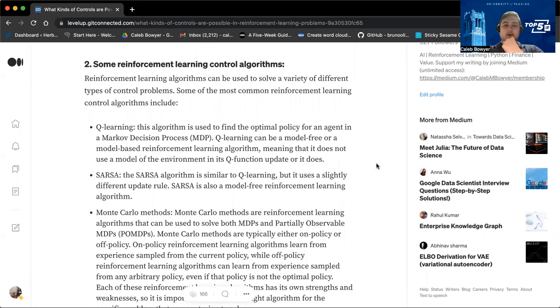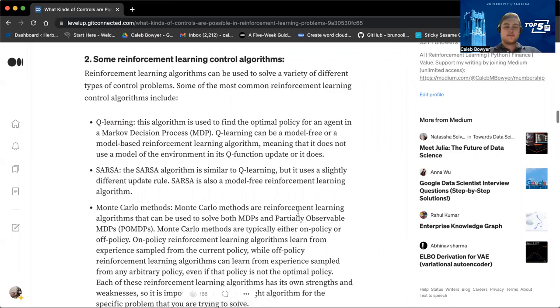Q-learning can be a model-free or a model-based reinforcement learning algorithm. When I say model-free, I mean it's learning from samples, but it doesn't have a model of the agent's dynamics. If it's model-based, that's assuming there's a model of how the state is being updated according to the influence of the control. If you have a model, great, use it. If not, you're going to use a model-free approach.